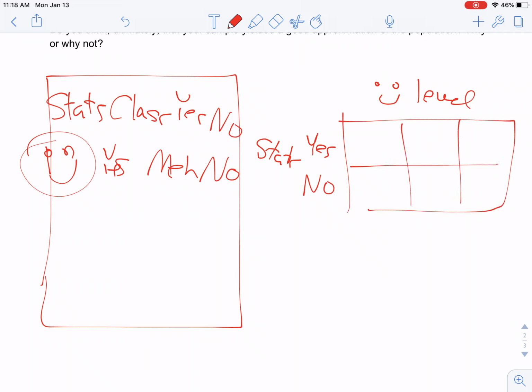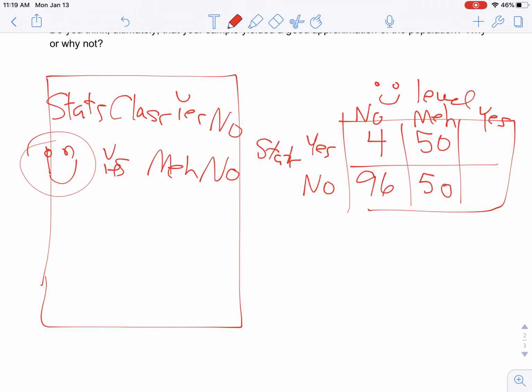But say there were 4 people who took a stats class that said they weren't happy. If they didn't take a stats class and they weren't happy, there were 96 of them. Let's say that my 50-50 was kind of split.